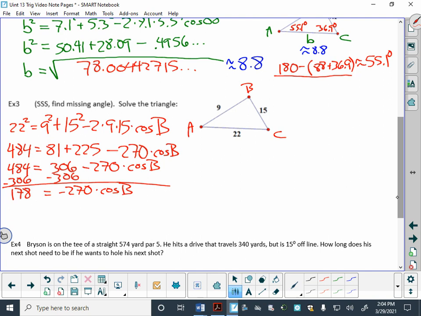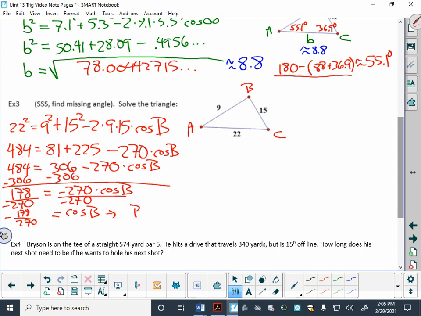I'm trying to get down to the B. The first thing I'm going to have to do is divide both sides by negative 270. And I'll get cosine B is negative 178 over 270. I'm suspecting that's going to be a decimal number that I would have to round. But my next step here is to use the inverse cosine.